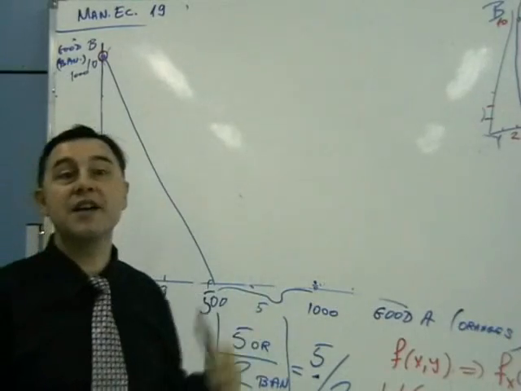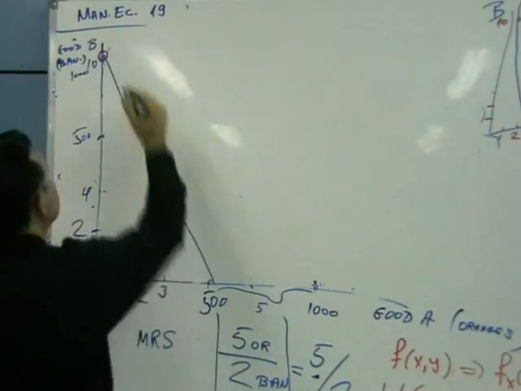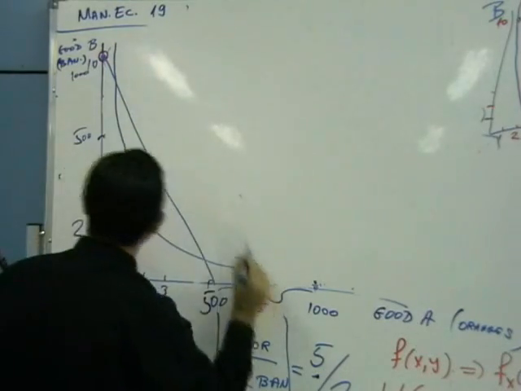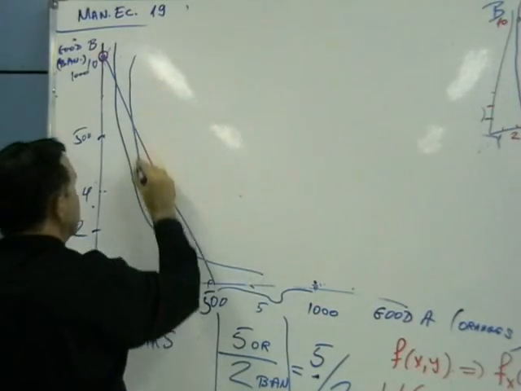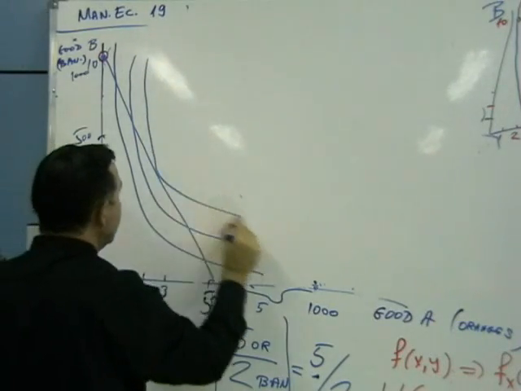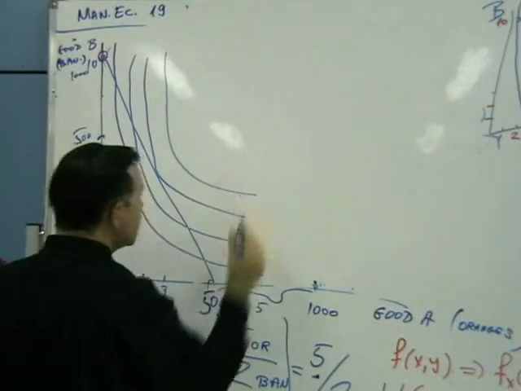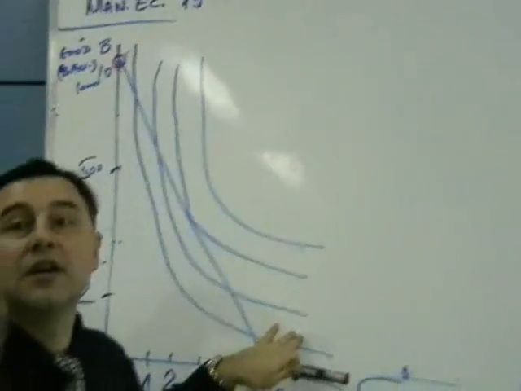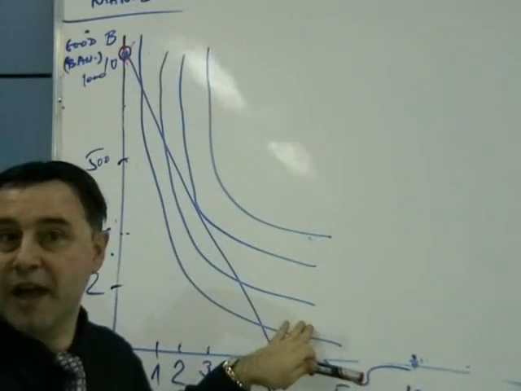And he also has some consumption bundles. The first consumption bundle is like this. The second one is like this. The third one is like this. So, what I draw here is an indifference map, okay?